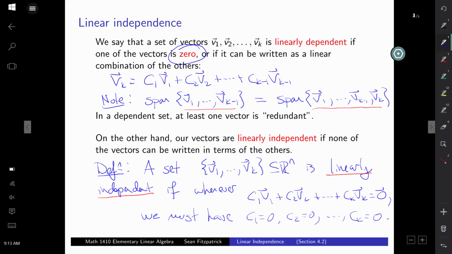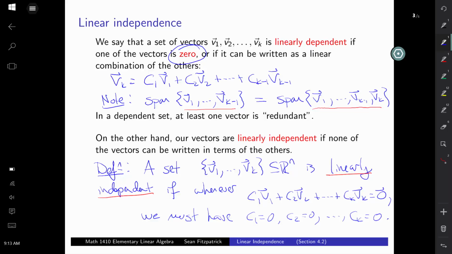So this is one way to define independence. Independence means that the only linear combination of those vectors that can give you the zero vector is if you multiply all of the vectors by 0, right? And so that's basically saying that the zero vector can be written uniquely in terms of these vectors.